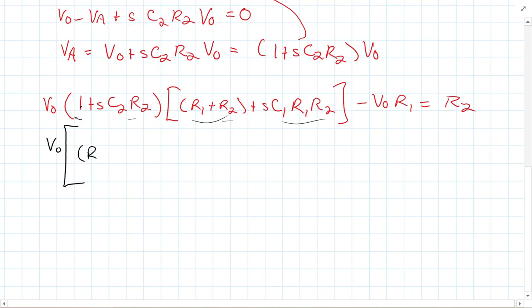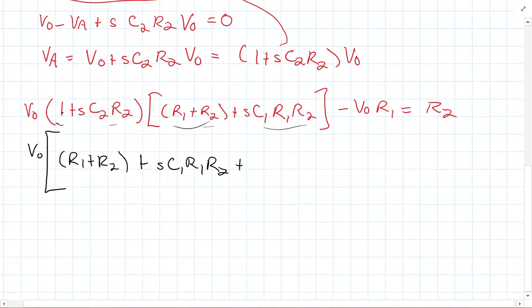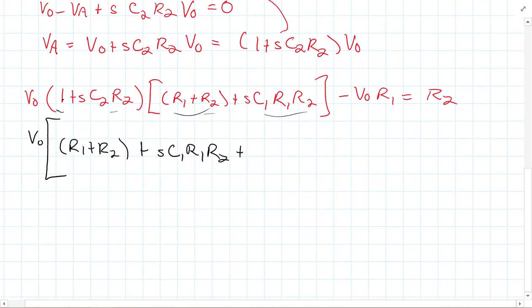So you'd have R1 plus R2 plus SC1 R1 R2 plus, there's a little hair on my tablet here, sorry about that. It was getting in my way, it was annoying.